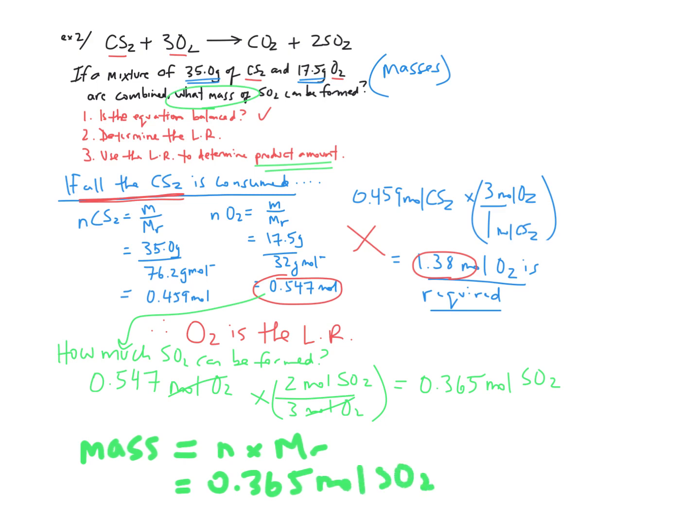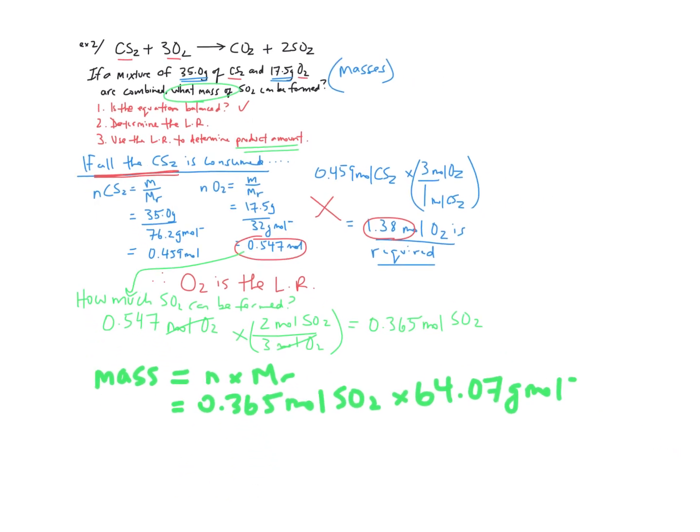The molar mass of SO2, if you look at the periodic table, with 1 sulfur and 2 oxygens, is 64.07 grams per mole. Do the math on that, and you get 23.5 grams of SO2 produced.